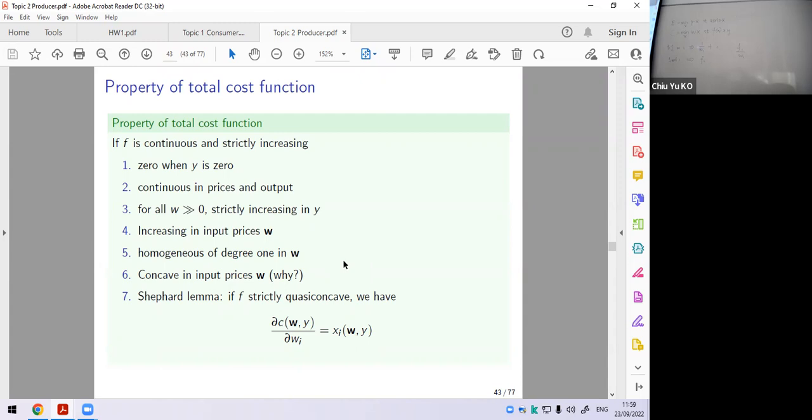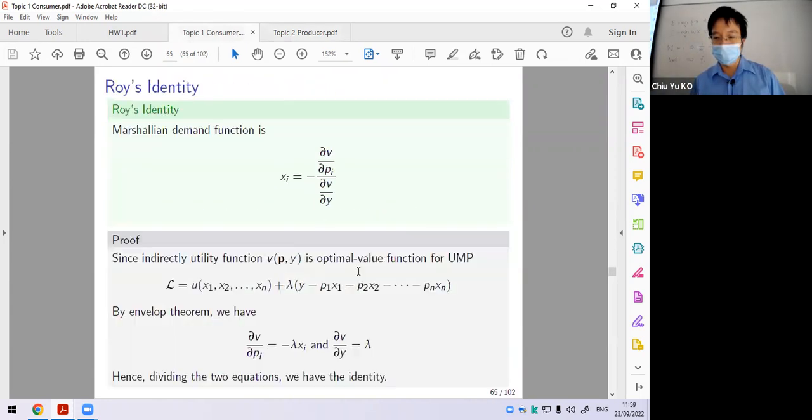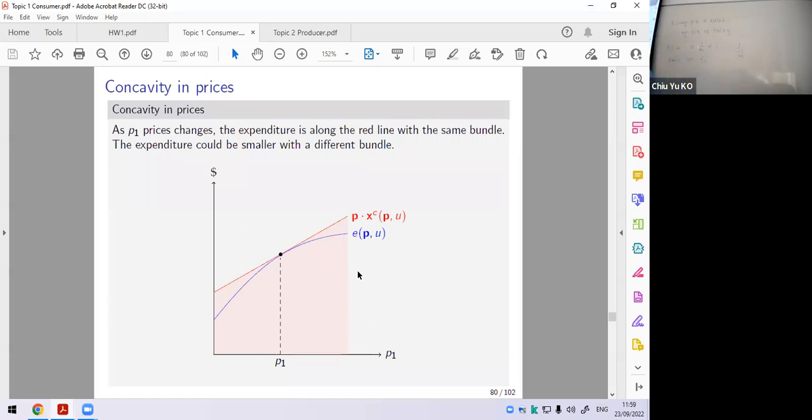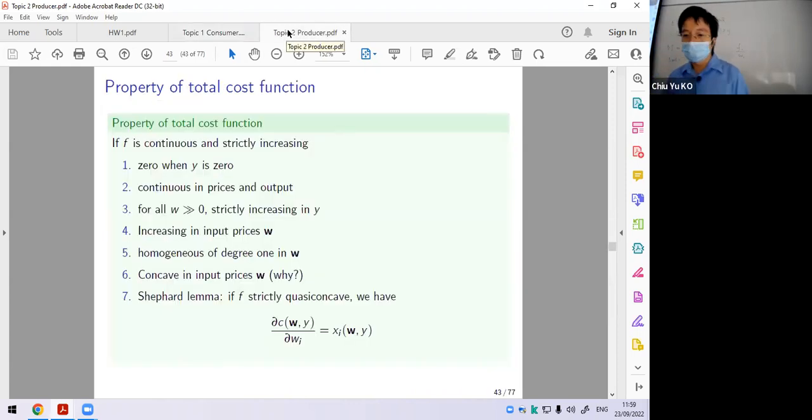This follows the graph we actually talked about at the beginning of our course. Same idea here, right? You can change the price, but if you keep the same bundle, it will be linear. Optimal will be lower. Okay, so the same would apply in this context, right? If you can draw the same graph, right?